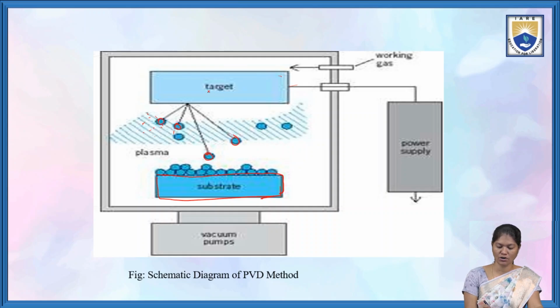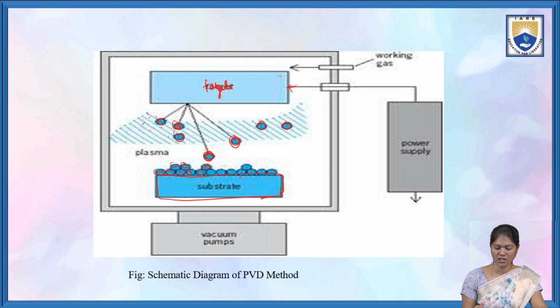So this is the target material. When heating this solid material, it is converted into gaseous phase, so that through the vapor, through the condensation, the condensed particles are coming and redepositing on the substrate here.